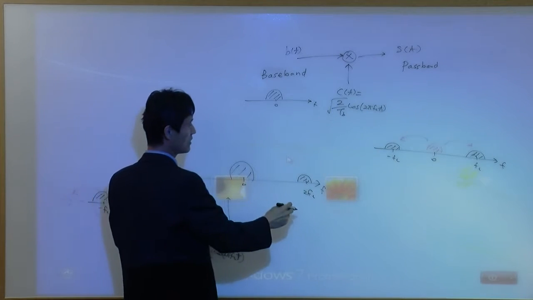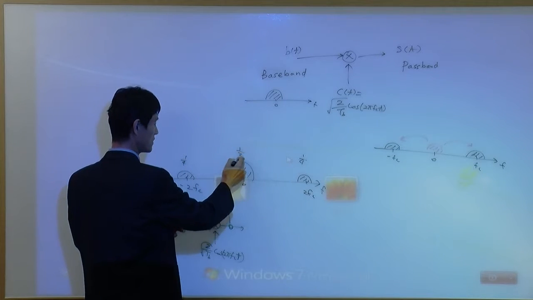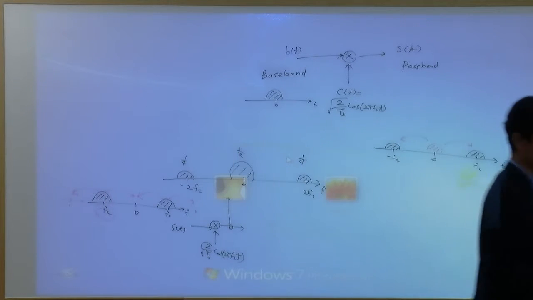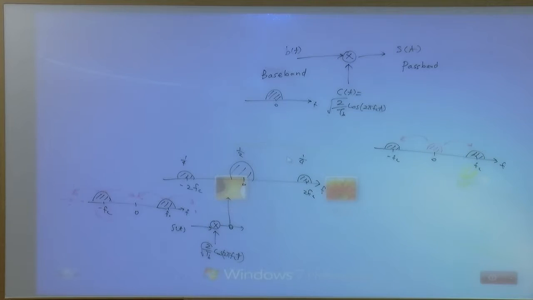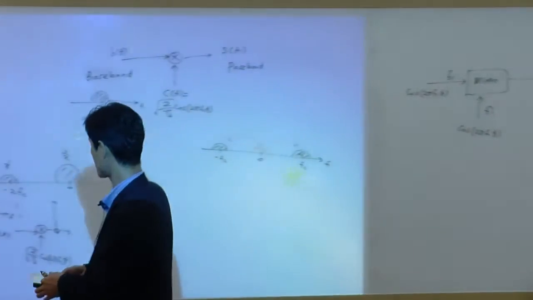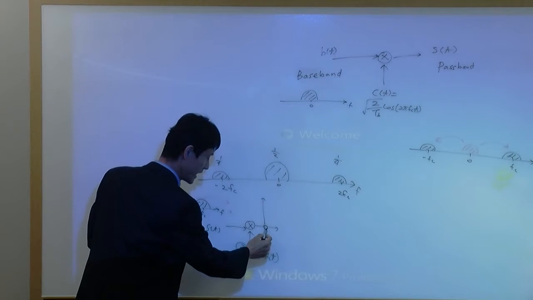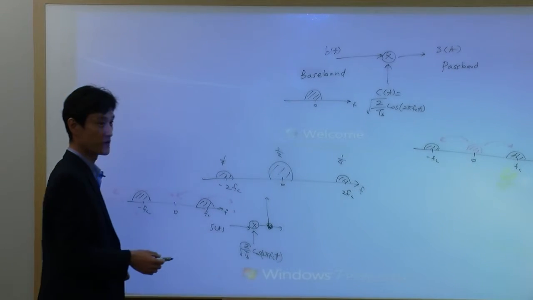So somehow you're going to have 1/4 of the energy here, and half of the energy here. That's what you're going to get, right? So this picture is what you're going to see at the output right here after multiplying the carrier.